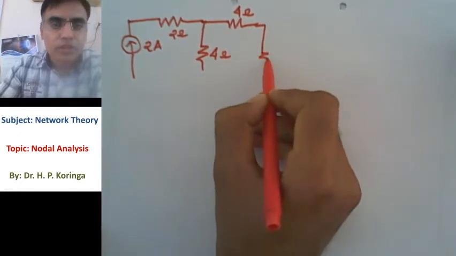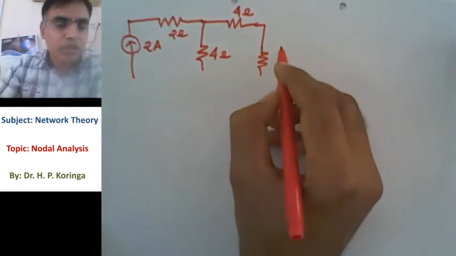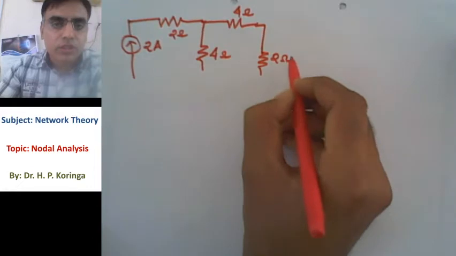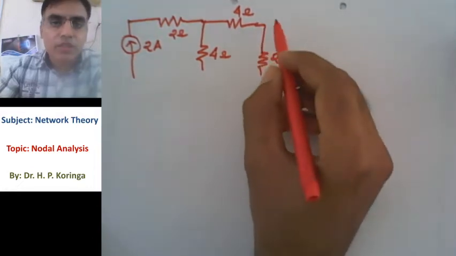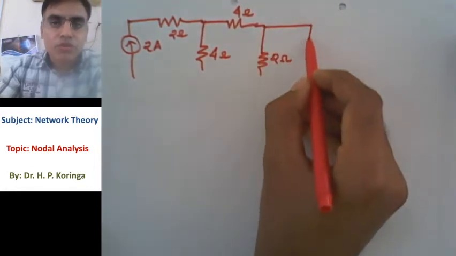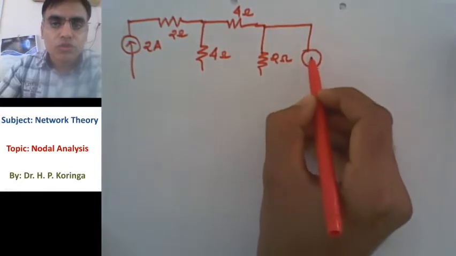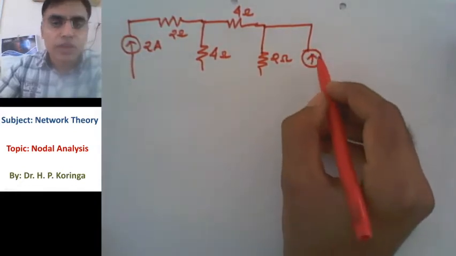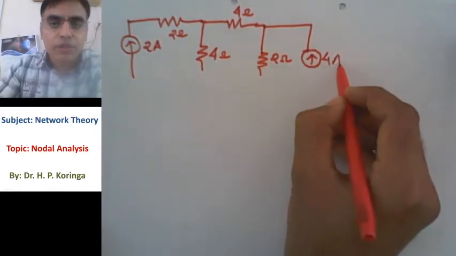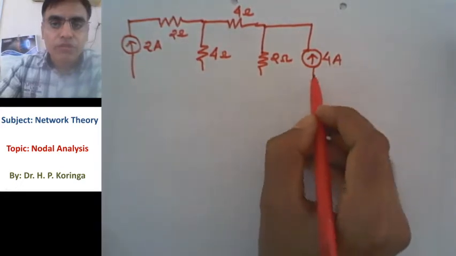Here the resistance is 4 ohm and a 2 ohm resistance in parallel with one current source. The current source value is 4 ampere.